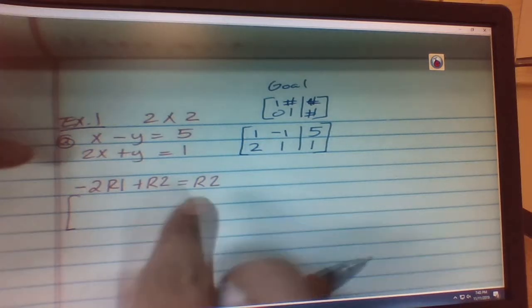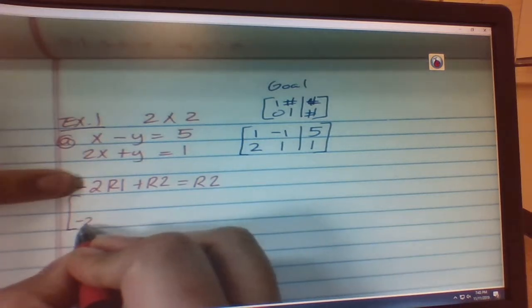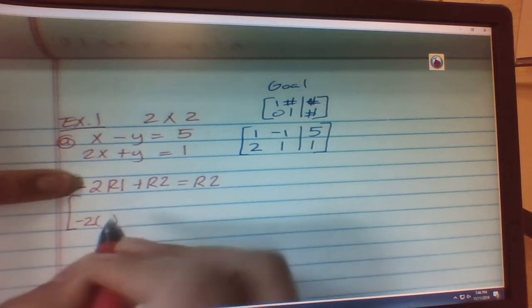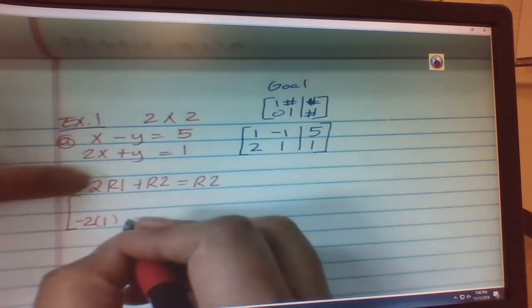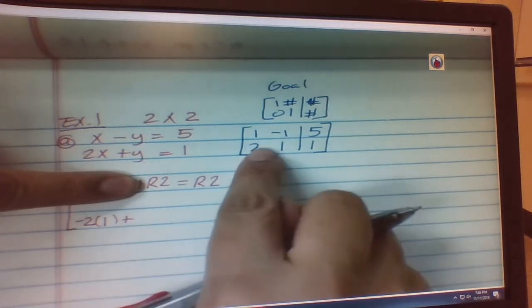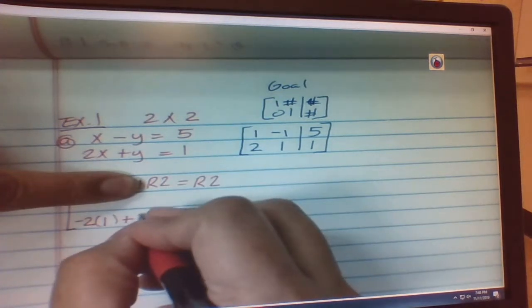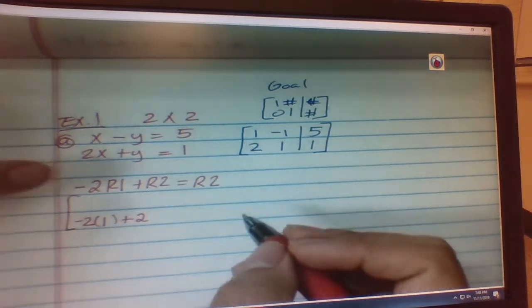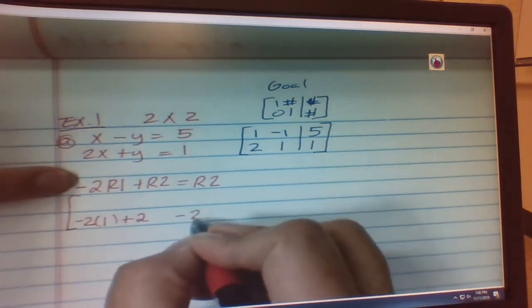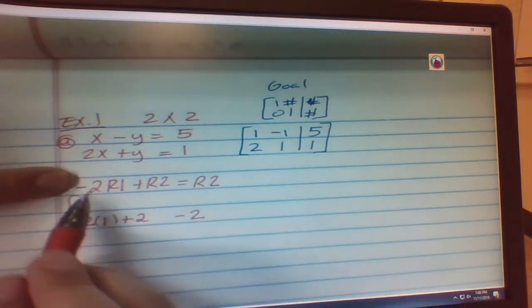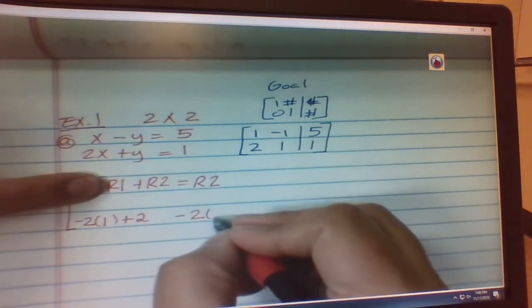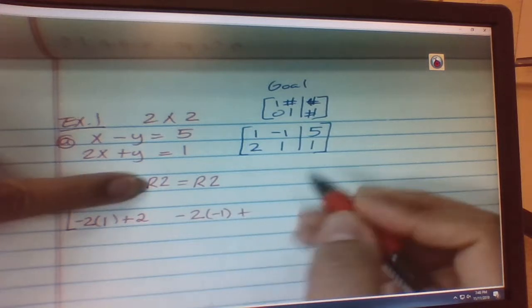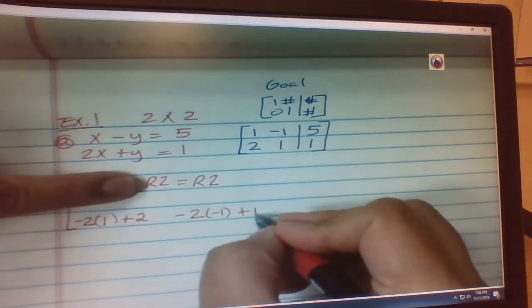So this negative 2 times who's in my row 1 right there? A 1, plus my row 2. Look up here, and then I'll give you a chance to write it down. Row 2: this negative 2 is there. Who's in my row 1 right here? Negative 1, plus who's in my row 2? 1.